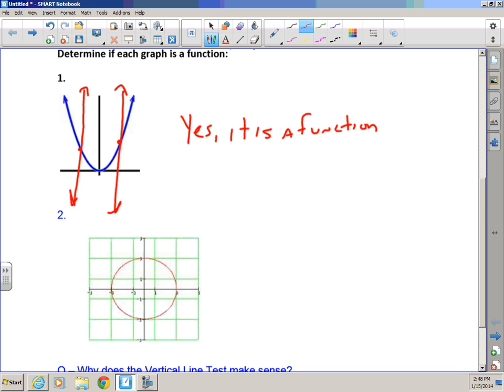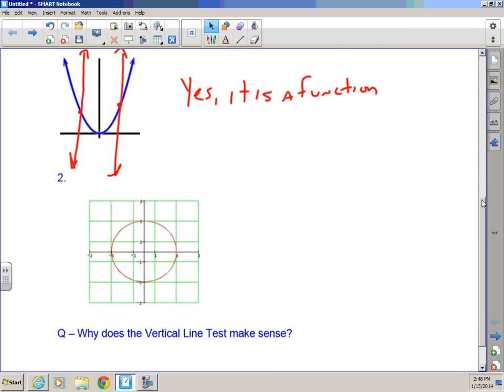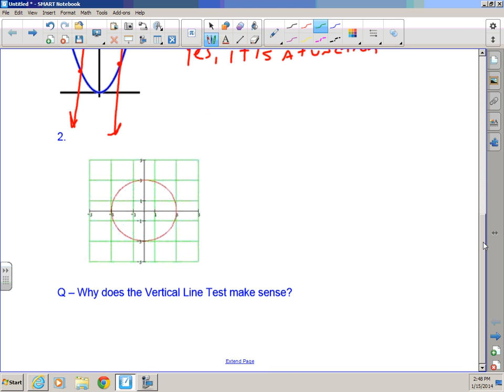Now we look at the second graph, which is the graph of a circle. If we were to draw a vertical line there, you'll see that this particular vertical line hits it in more than one place, and so no, it is not a function.